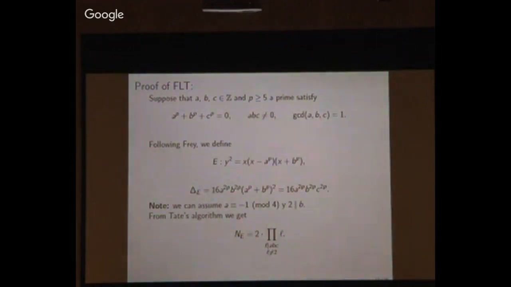By using these two further assumptions while applying Tate's algorithm, we conclude that the Frey curve's conductor is going to be 2 times the product of all the odd primes L that divide A times B times C. So in particular, there's no prime to the square in the conductor, so this elliptic curve is semi-stable. If it's semi-stable, Wiles's theorem proves that it is modular, and because of the corollary, we also know that the mod P Galois representation is modular for level equal to the conductor of the curve.